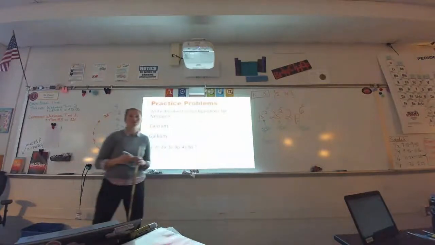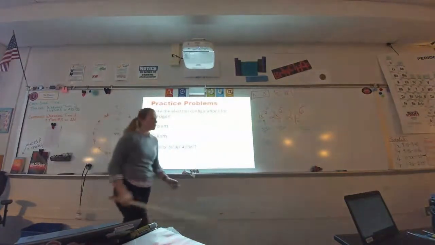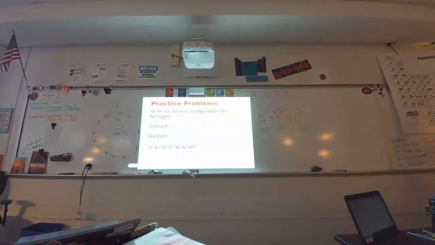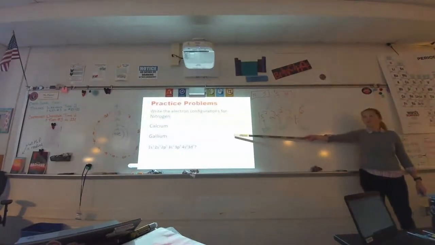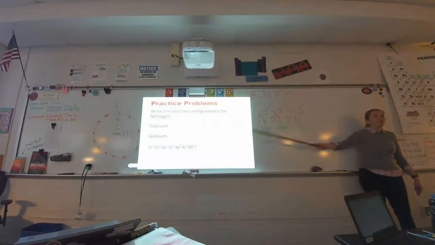I know that much. And hopefully right now you're going, oh, because calcium is on the way to gallium. So all I did was copy calcium. If I stop right here, I'm at calcium's electron configuration. But I need to go a little further.